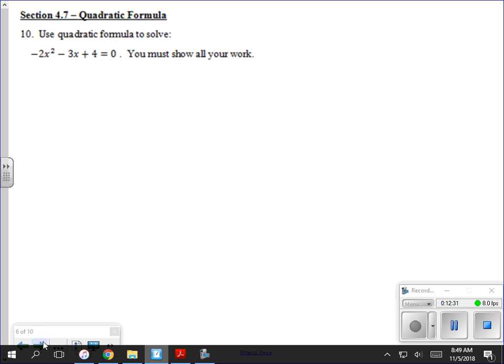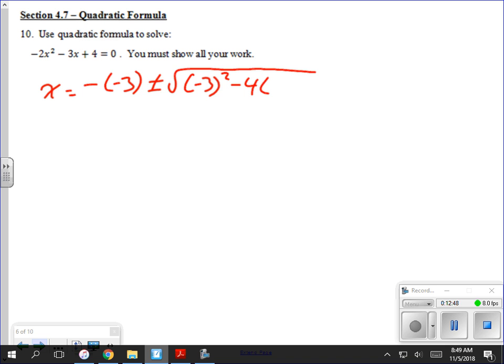Use the quadratic formula to solve. You must show all your work. Got the quadratic formula here. x equals minus b plus or minus the square root of b squared minus 4 times a times c, all over 2 times a.